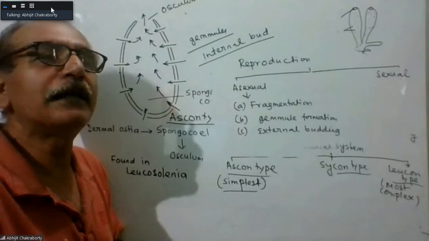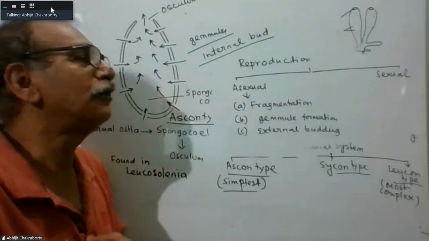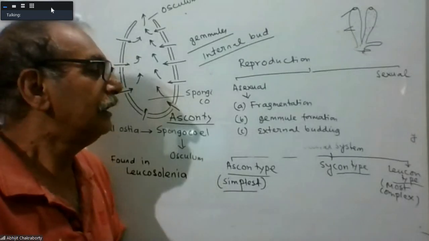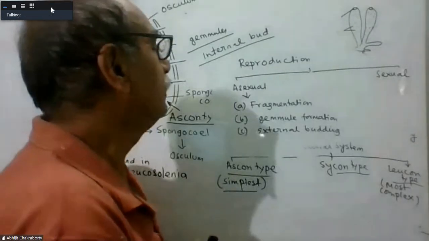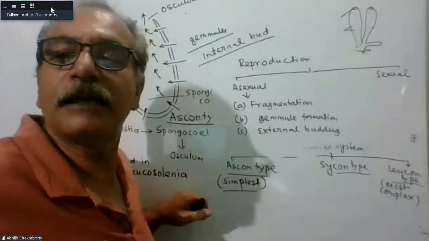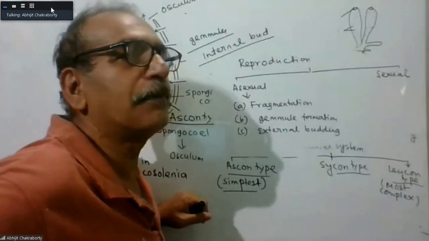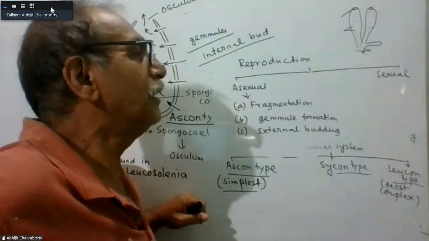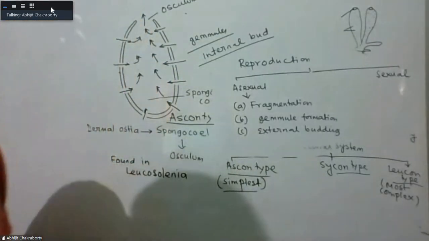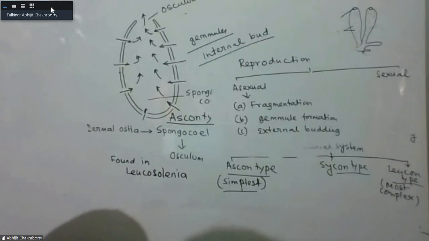Whenever they are formed, after discharge they give rise to a new organism. In case of external budding, it is found in some cases. Some small buds are developed from the body and ultimately, after being detached, give rise to a new organism. So this is about the asexual type.